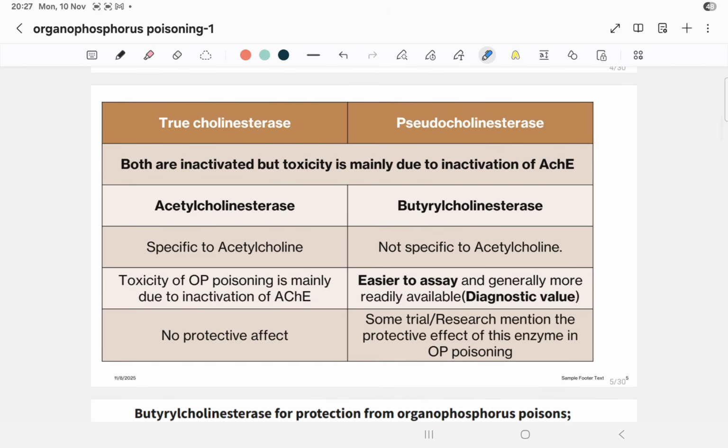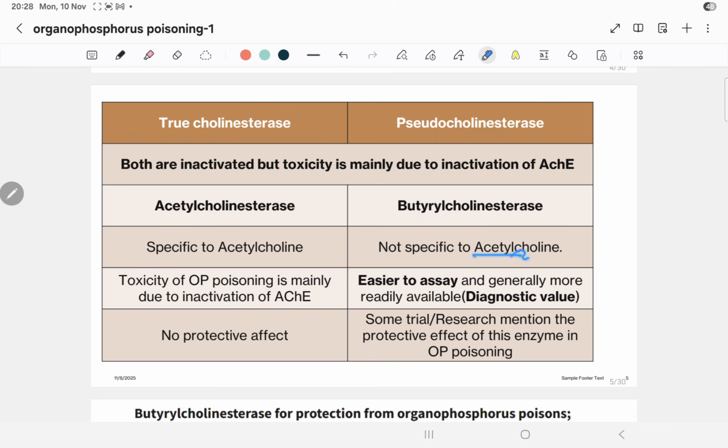In the exam or in the viva or in any particular scenario, they may ask you that apart from acetylcholinesterase, what other enzymes get deactivated by organophosphorus poisoning? The answer is butyrylcholinesterase. Butyrylcholinesterase is a pseudocholinesterase. Why is it called a pseudocholinesterase? Because it is not specific to acetylcholine.